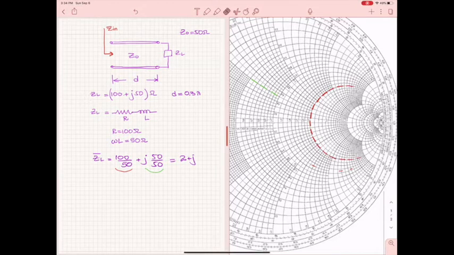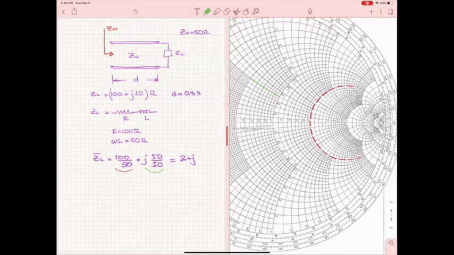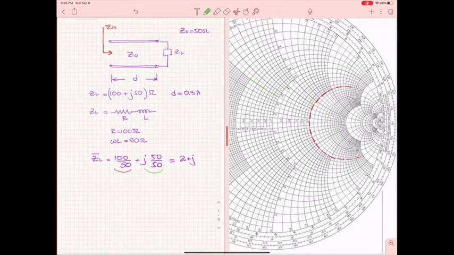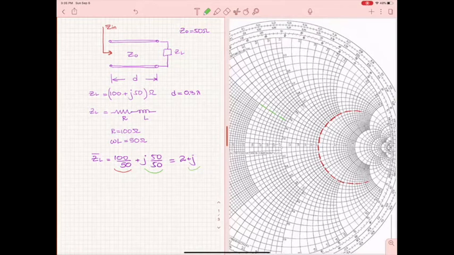And I need now to find that particular point. Therefore, I have to find the other circle where all the points have the same normalized reactance, and it's 1, positive. So I'm going to find where 1 is, and 1 is here.